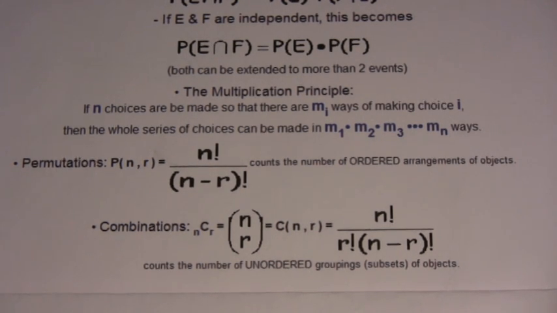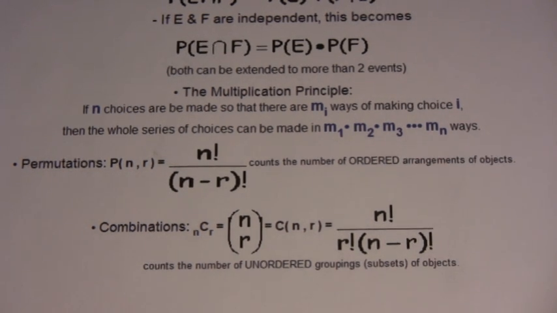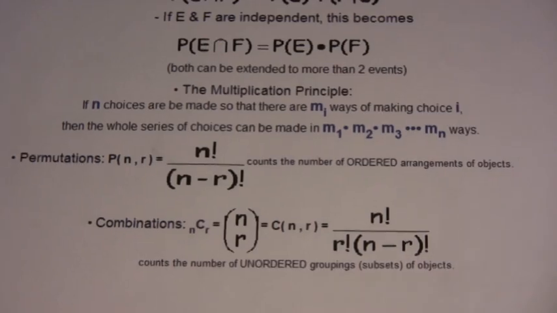And that counts the number of unordered groupings or subsets of objects, in other words, when order doesn't matter. So you should know this all going in to what we're really going to talk about today.